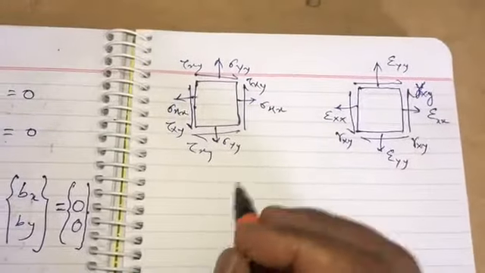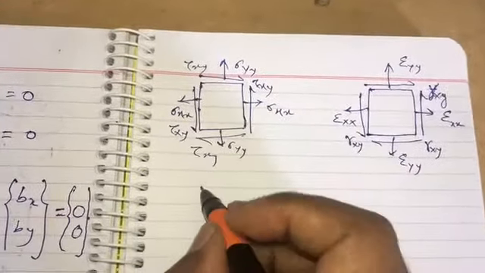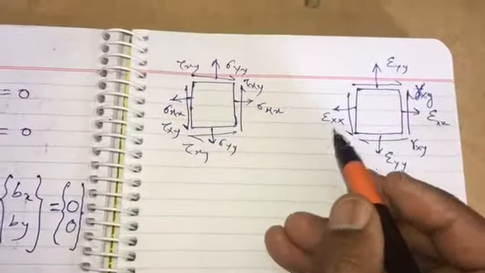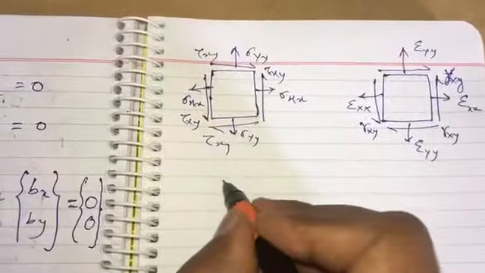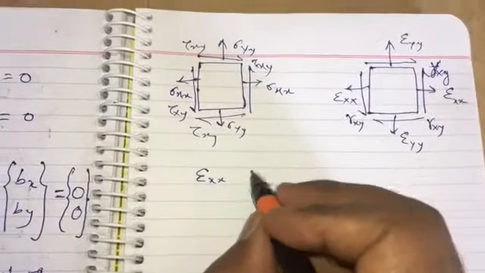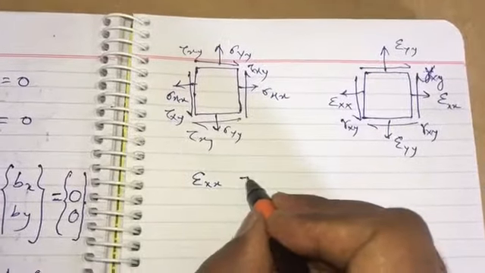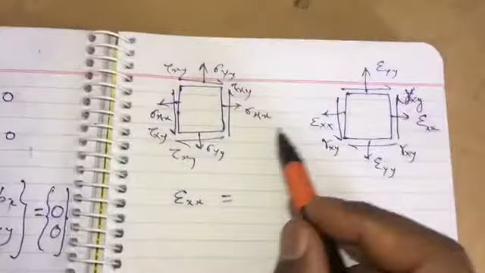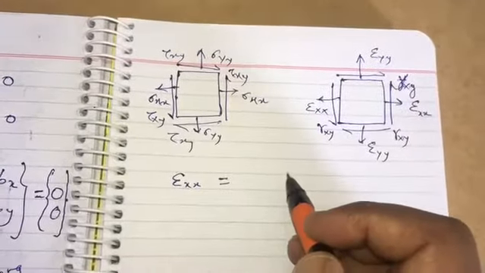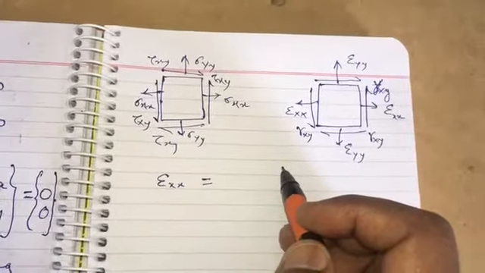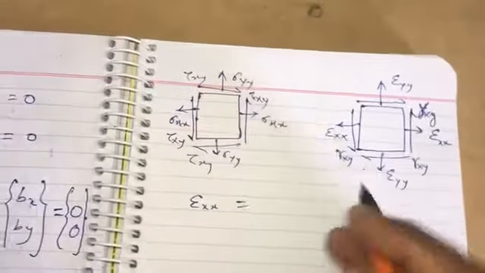So here it's easier to write strains as a function of stress. For example, epsilon xx, normal strain in x direction, will be because of both the stresses sigma xx and sigma yy. All this that we are doing here is in the solid mechanics course that you have already done during your BTech.